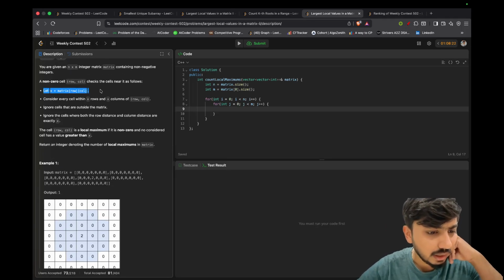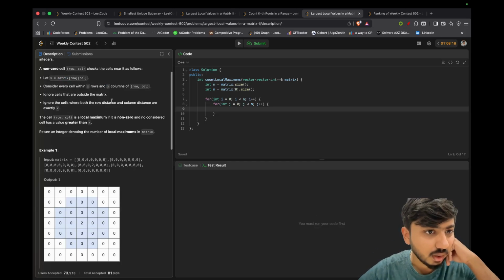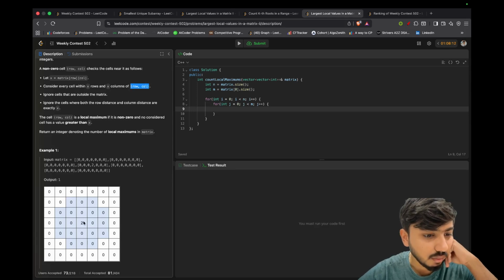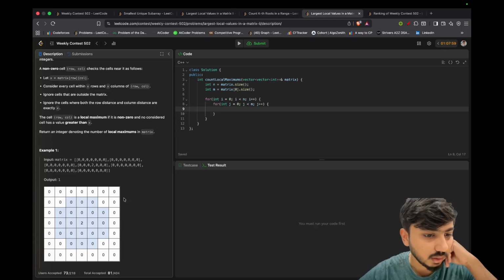Let x be the value, let's say 2 is the value. Consider every cell within x rows, within 2 rows and 2 columns, 1 2 1 2. Okay, 1 2. Ignore cells that are outside the matrix. Which matrix? These cells.